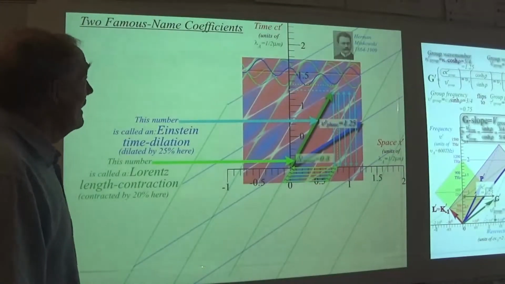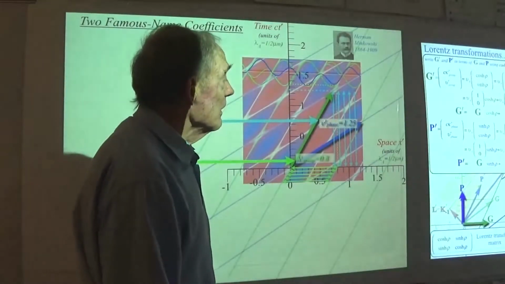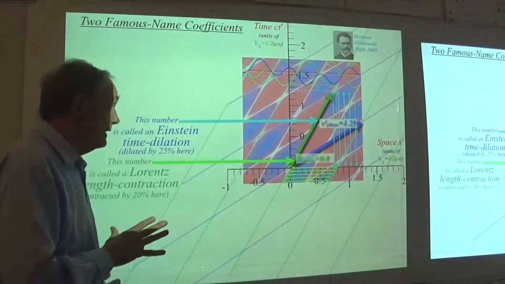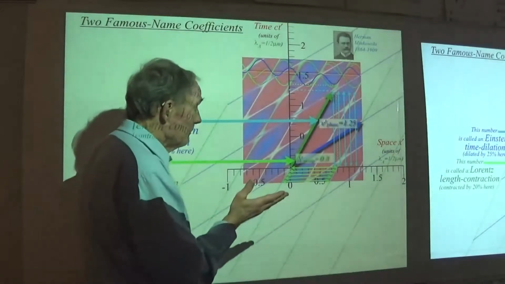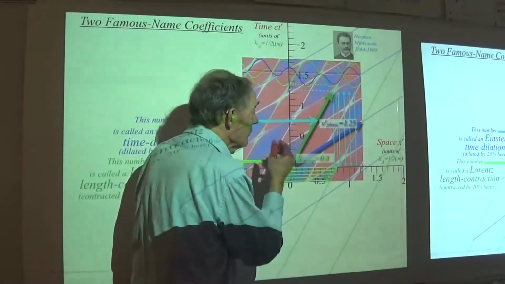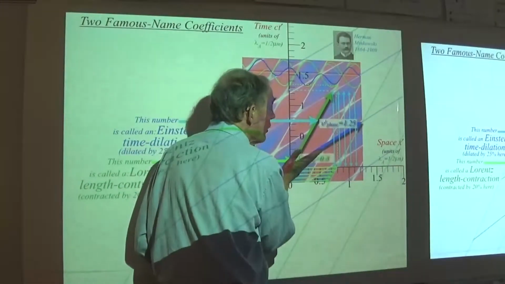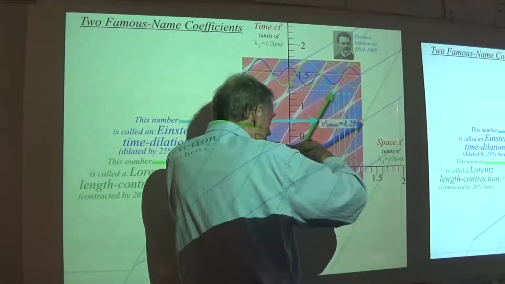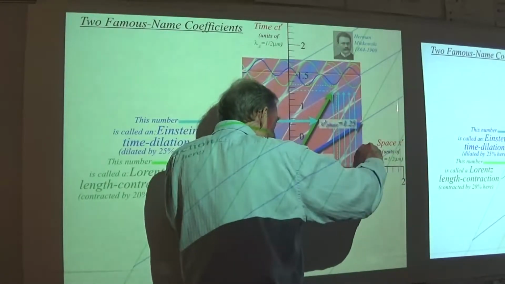These are famous name coefficients that lie on this table, and they're worth pointing out, maybe more so physically than the Lorentz transformation. Now, I should mention, in the Lorentz transformation, the hyperbolic sine is the part that's responsible for turning a now line, originally in Alice and Carla's frame, into something else.